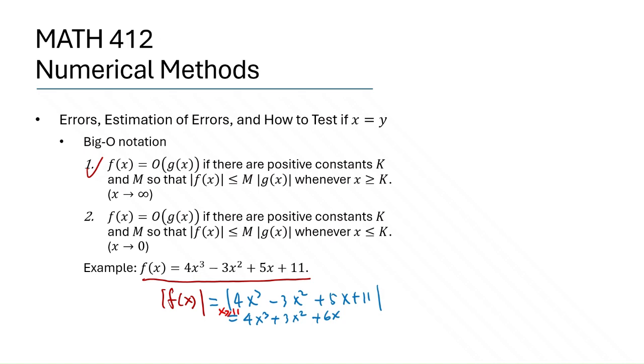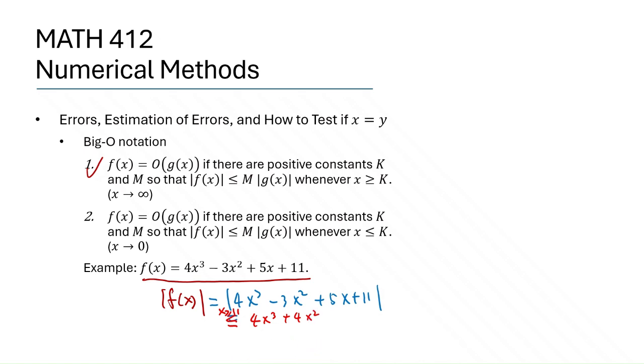Now, because under this condition x is greater than or equal to 11, 6x is less than or equal to x squared, because 6 is less than 11. So this is less than or equal to 4x cubed plus 3x squared plus x squared, which equals 4x cubed plus 4x squared.